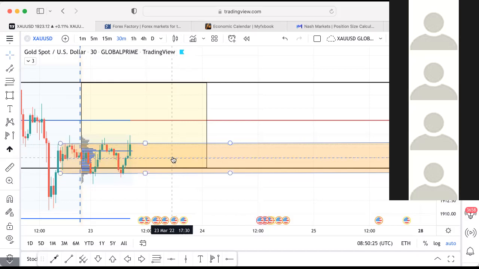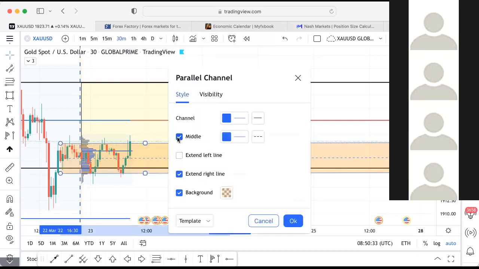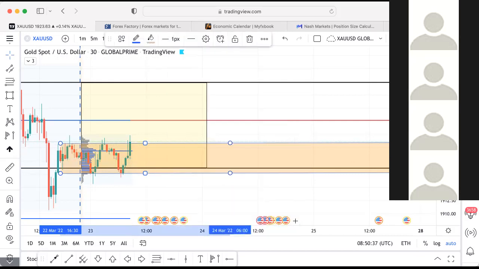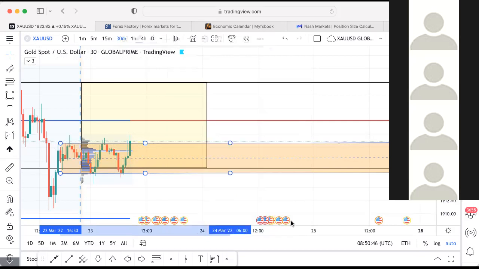Now, this dashed line here, if you look at the settings I've got on, if I uncheck the middle line, that middle line disappears. But if I put the middle line back on again, that middle line is actually at 50%.